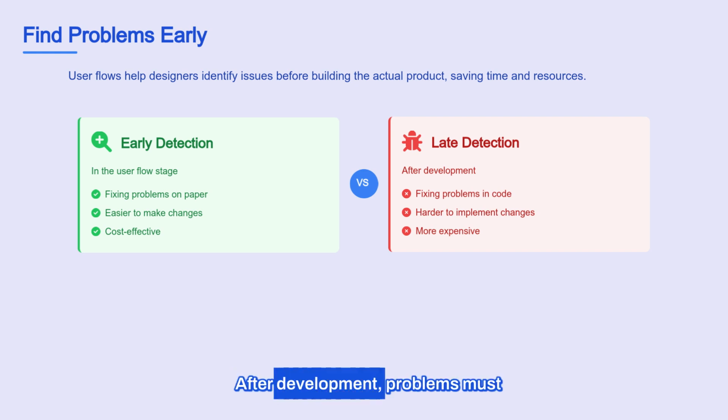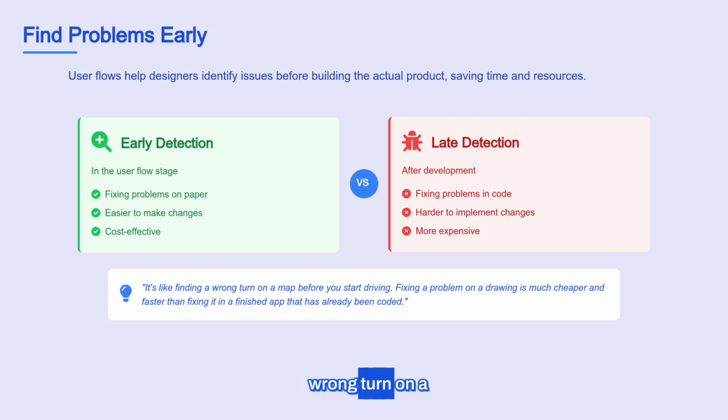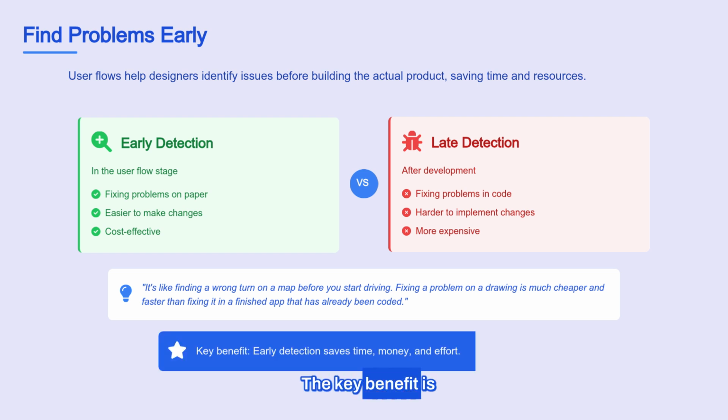After development, problems must be fixed in code. Changes are harder to implement, and everything becomes more expensive. It's like finding a wrong turn on a map before you start driving. Fixing a problem on a drawing is much cheaper and faster than fixing it in a finished app that has already been coded. The key benefit is clear. Early detection saves time, money, and effort.